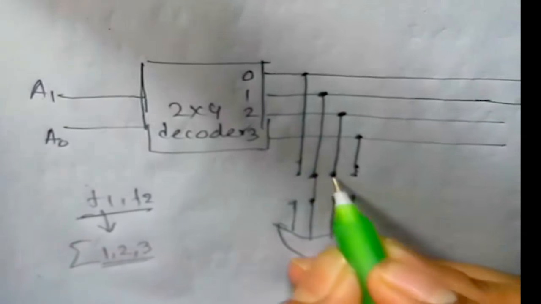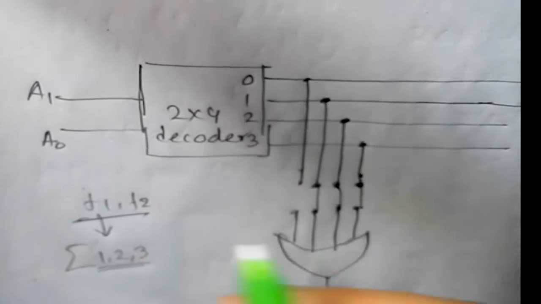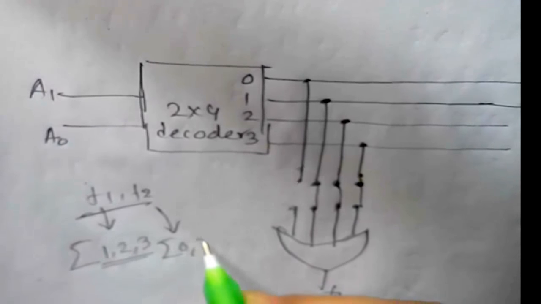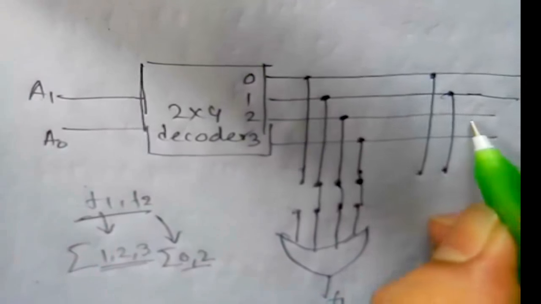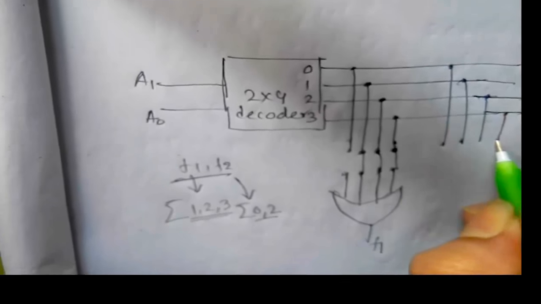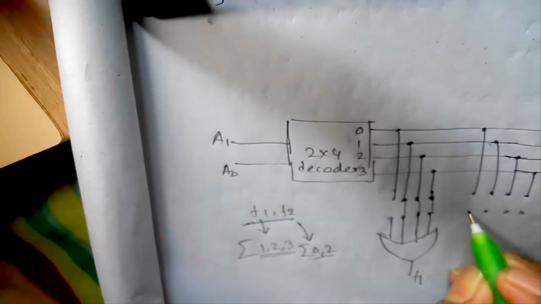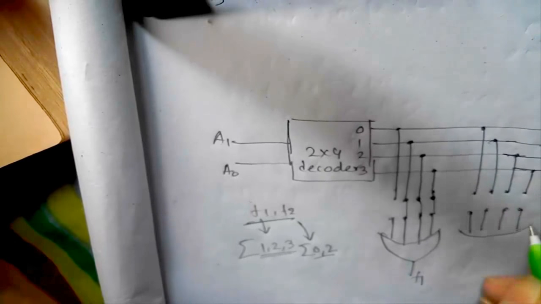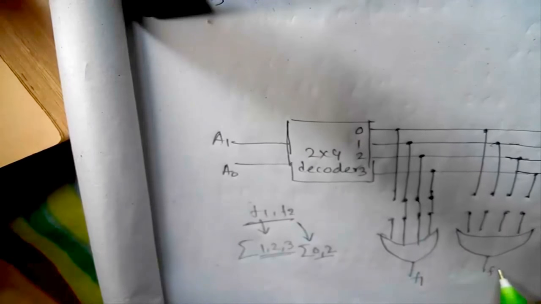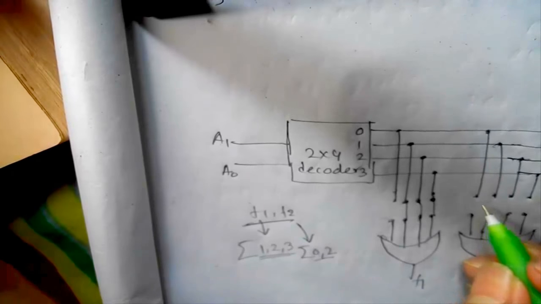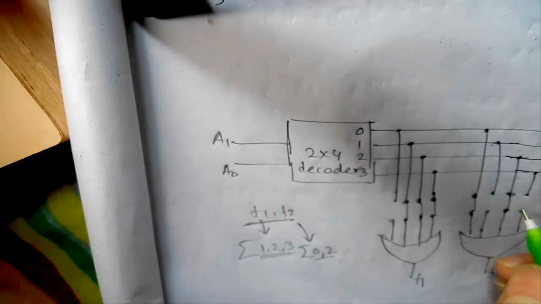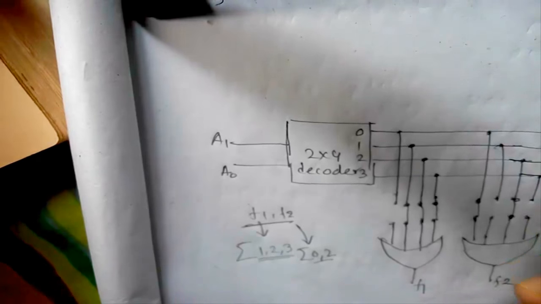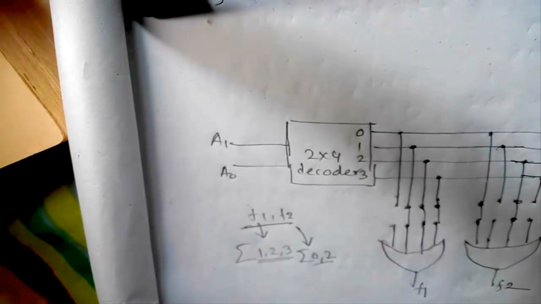And F2 is connected with 0 and 2. This is the basic example of constructing ROM.